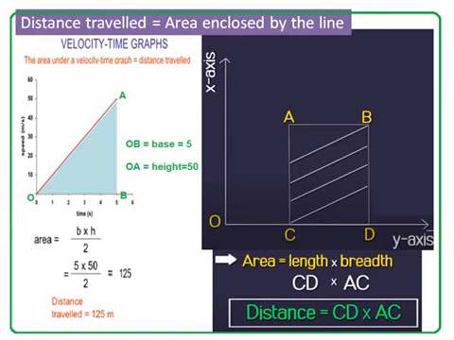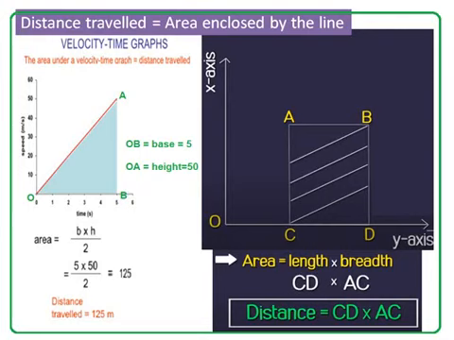So when the body travels with the constant velocity, how much is the distance covered by this? Here the line is AB. Drop a perpendicular from A, it will meet at the point C. Similarly, drop a perpendicular from B, it meets at the point D. Now what is the figure ABDC? It is a rectangle.